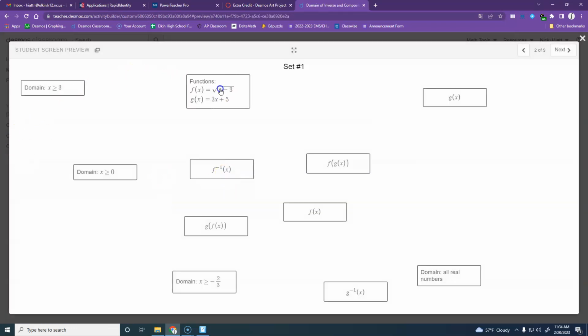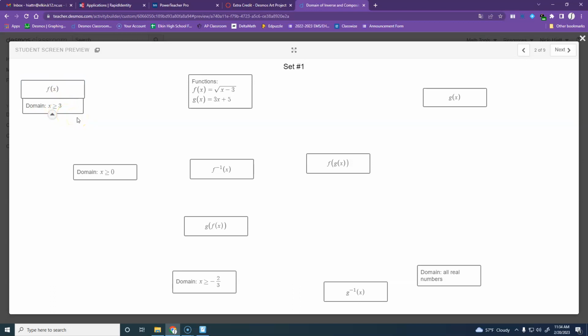So one of the cards is going to have the functions on it. You are not going to match it with anything. Like the domain of f of x would be x is greater than or equal to 3. So for f of x, I'd put that my domain is x is greater than or equal to 3.